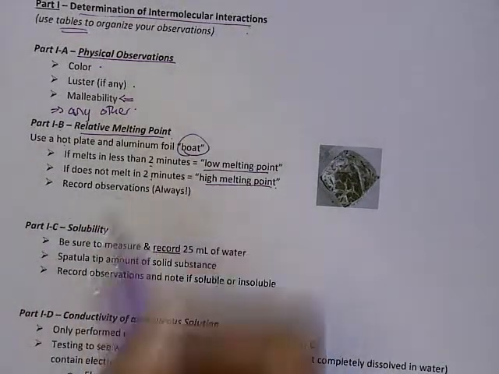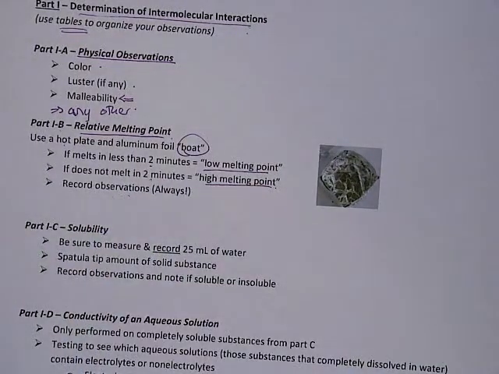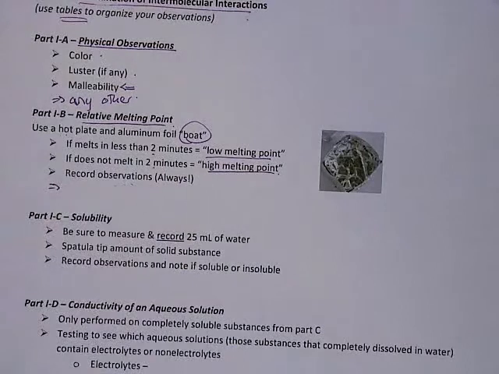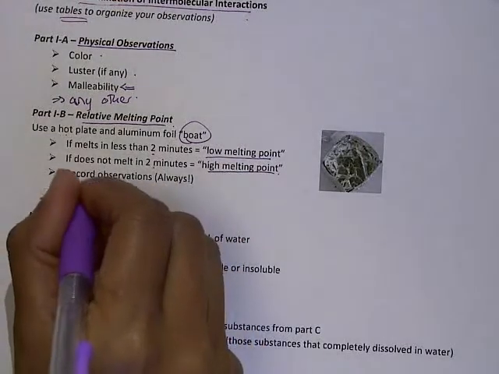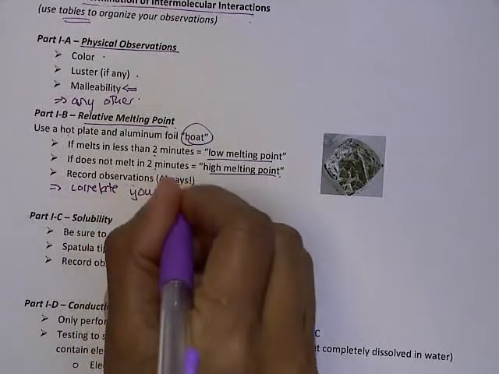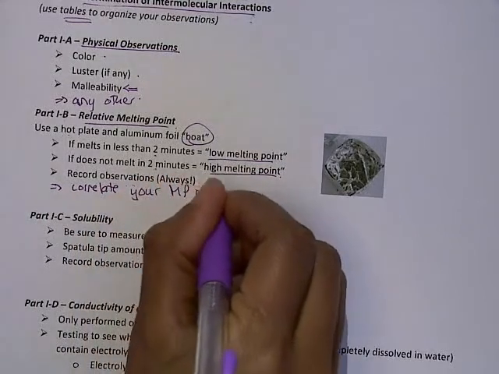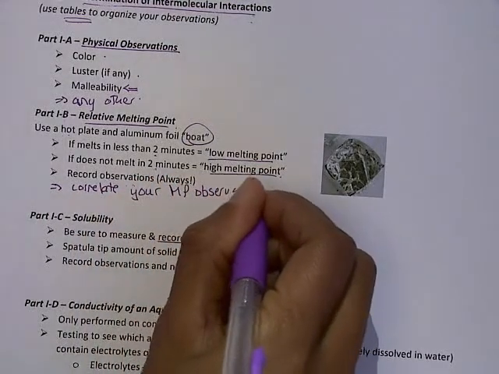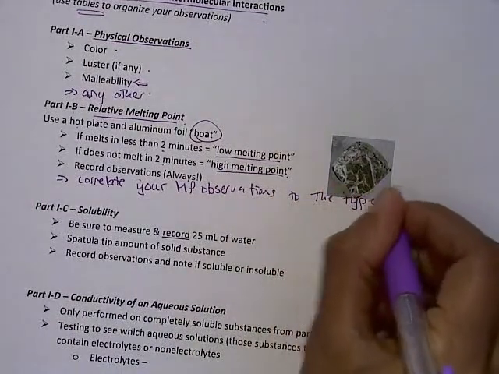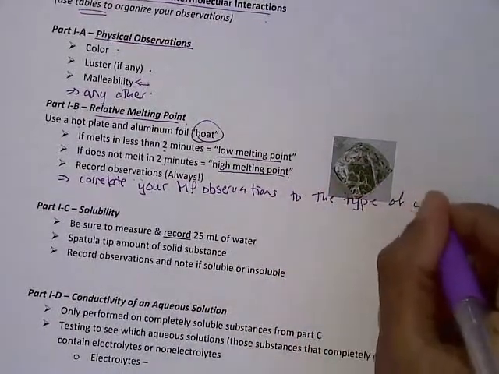And as always, I want you to record your observations. So your initial observations, what it looks like before heating and what it looks like after heating. And I also want you from part B to correlate your melting point observations to the type of compound that you have.